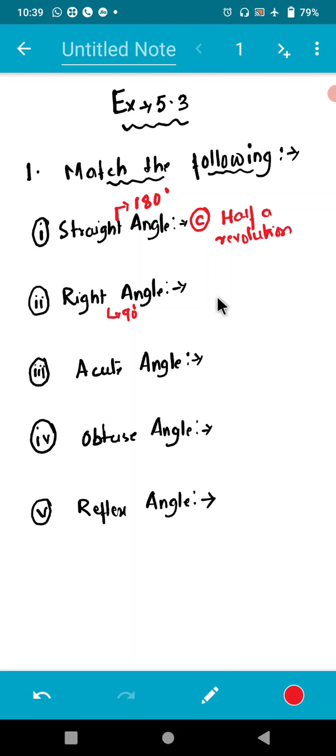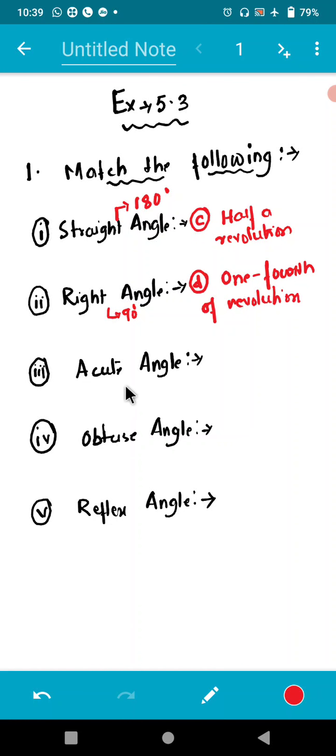When you divide a revolution by 4, that will give you 90 degrees, because 360 divided by 4 is 90 degrees. So your right option would be D, and you have to write the option, that is 1/4 of the revolution.